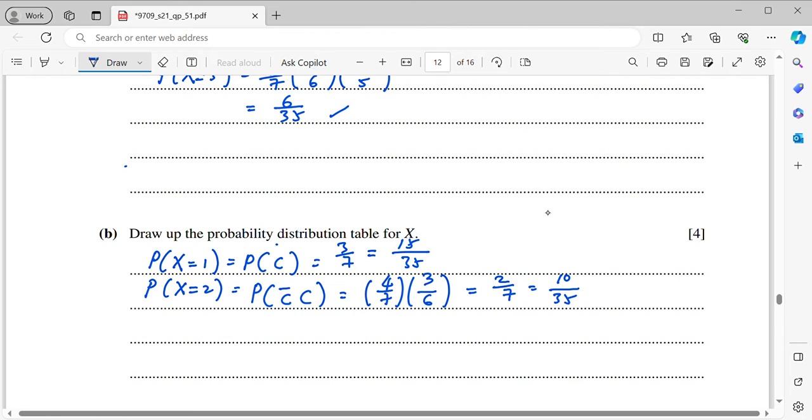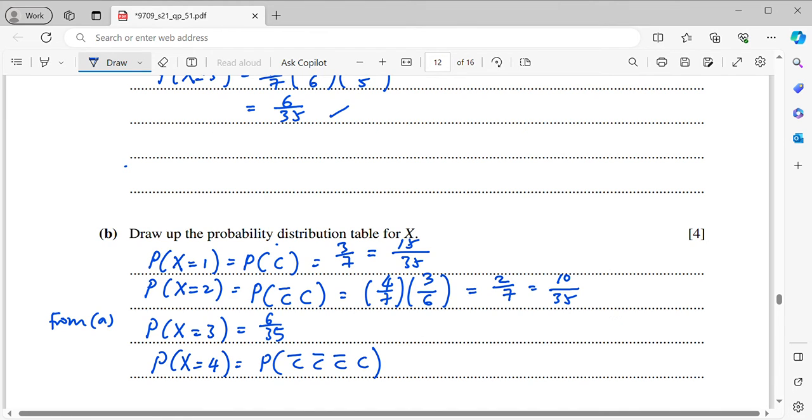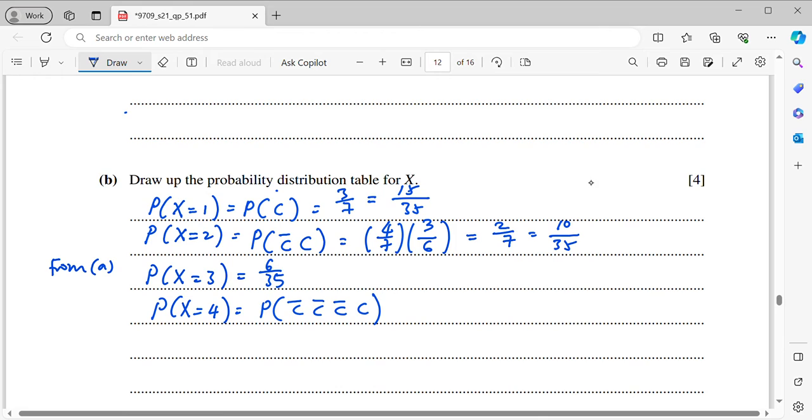So when P(X=3) is counted, I will just write down first 6 over 35. This is from A. Then now when X=4. When X=4 means that the first 3 are not carrot tins, then the last one is a carrot tin. So at first it will be 4 over 7.